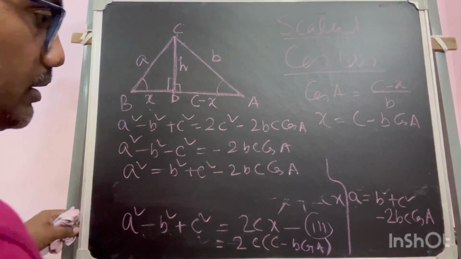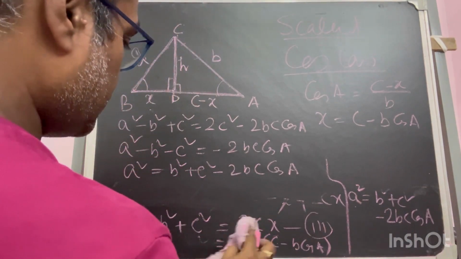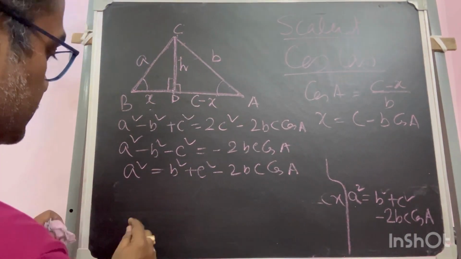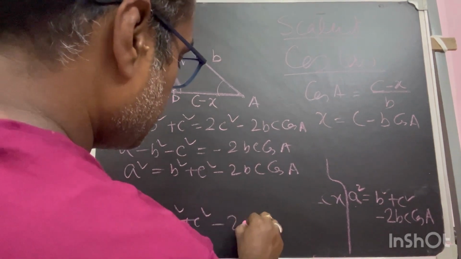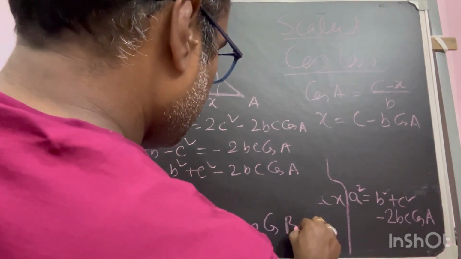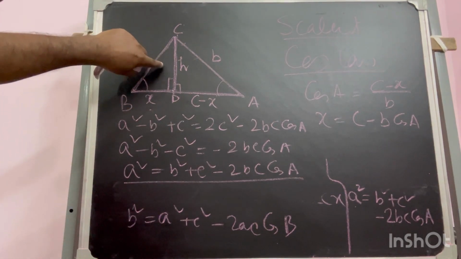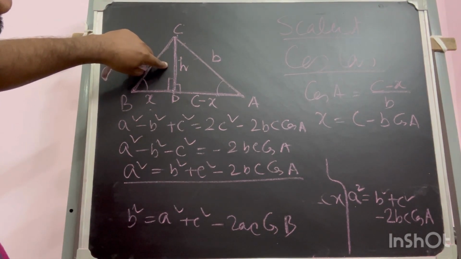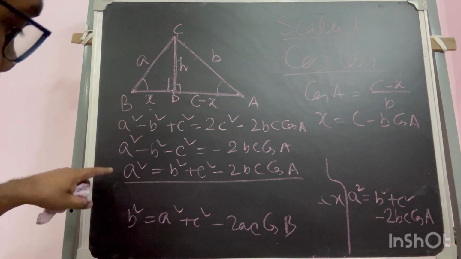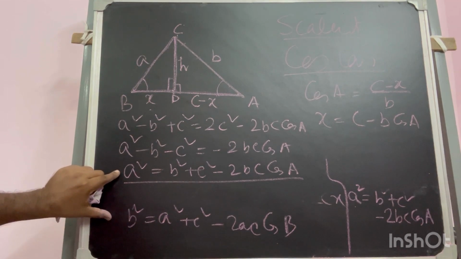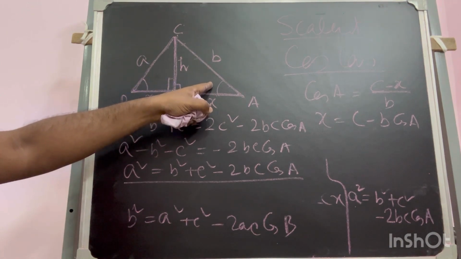Now see the similarity. The earlier equation I brought was b square is equal to a square plus c square minus 2ac cos of b, and this time this is coming as a formula. So with the same drawing, with the same arrangement of the drawing, I made two equations, taking once this side and another time the other side.